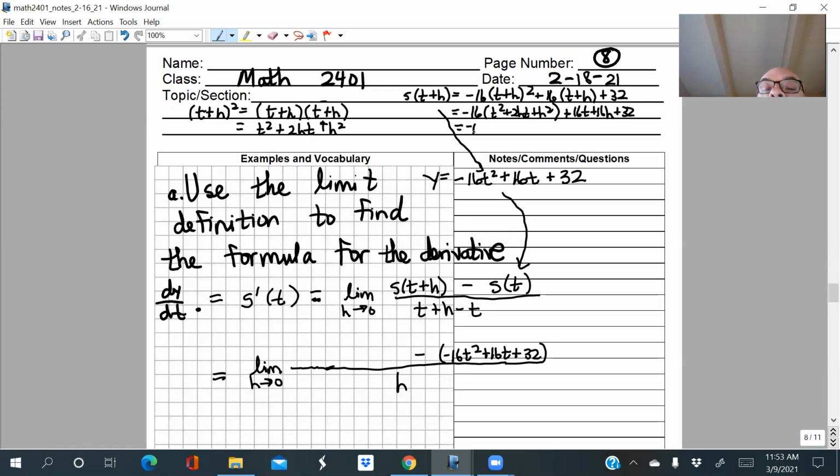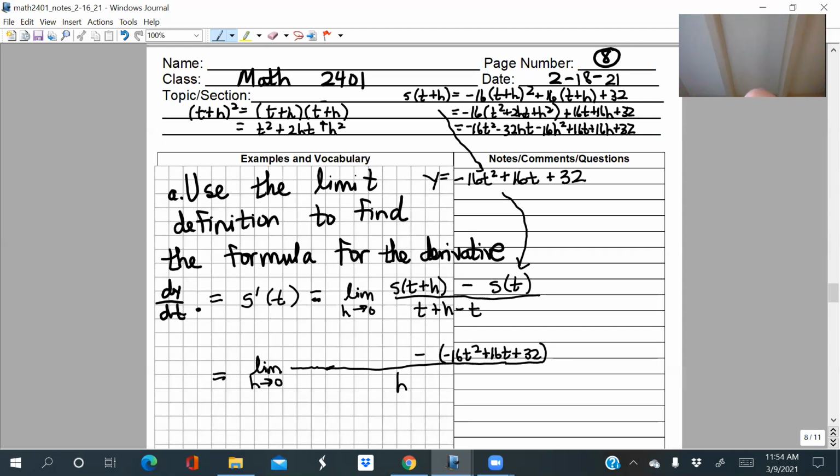So you get minus 16 times t squared, and then minus 16 times 2 is minus 32, so you have minus 32h times t, and then minus 16 times h squared. So that's minus 16h squared plus 16t plus 16h plus 32.